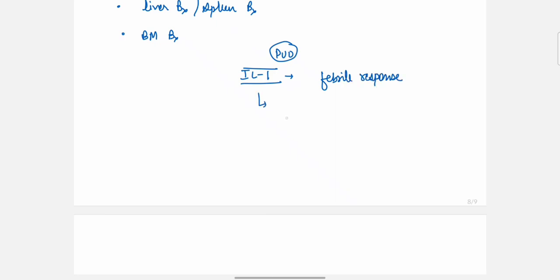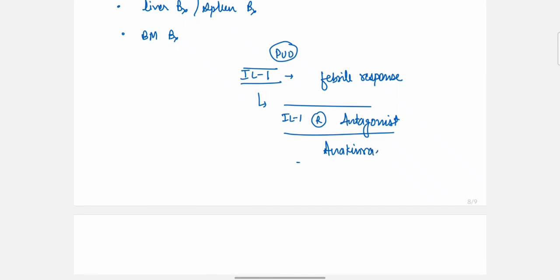So we can use an interleukin 1 blocker, an interleukin 1 receptor antagonist like anakinra, mainly used for autoinflammatory diseases, because the main role of interleukin 1 is there, like familial Mediterranean fever. Okay, autoinflammatory disorder, that is inflammation of unknown origin.